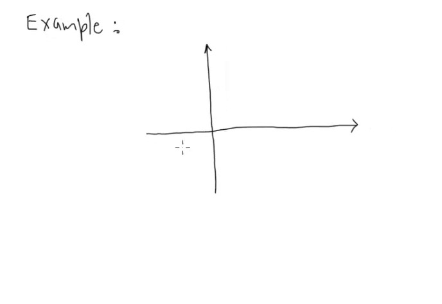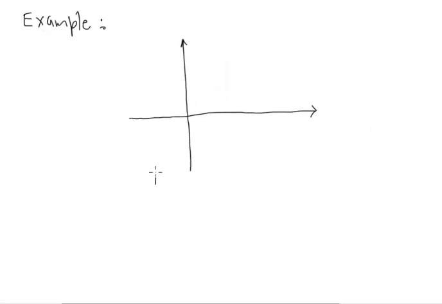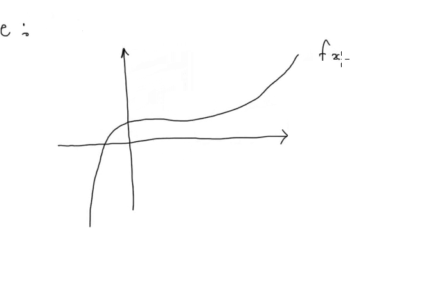Let's say I give you a graph of a function, and this graph for a function is something like this. And I say this is f of x, I would say y is equal to f of x. Then I say, immediately say, please insert the graph of the inverse.